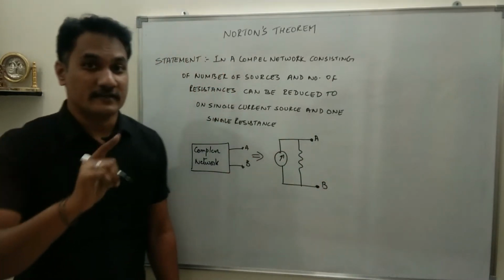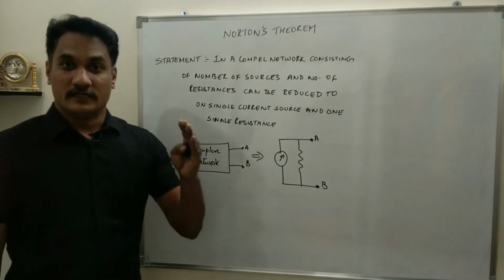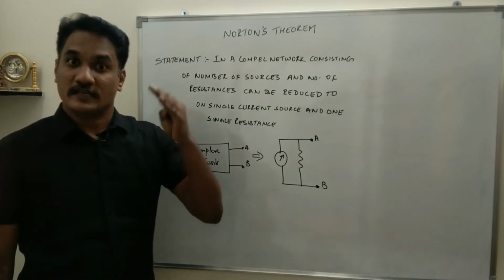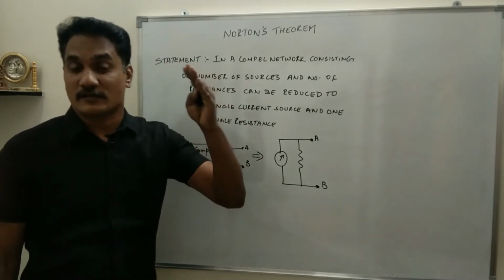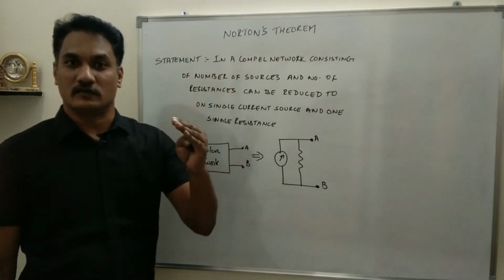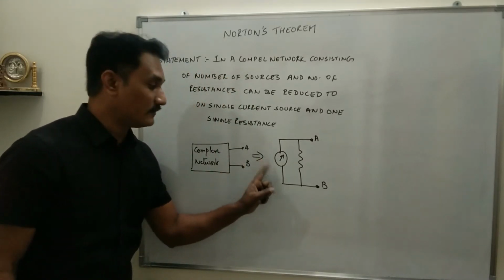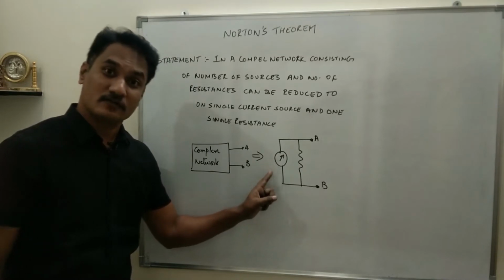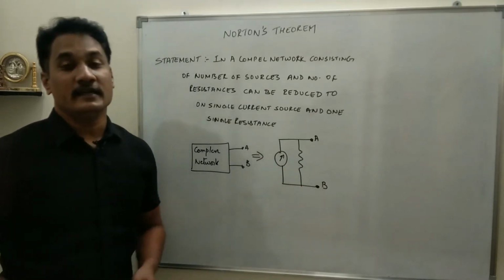Remember, in Thevenin's theorem, we convert it into one single voltage source and one single resistance. That resistance was connected in series with the voltage source. But in Norton's theorem, when you are converting it into current source, it should be connected in parallel.